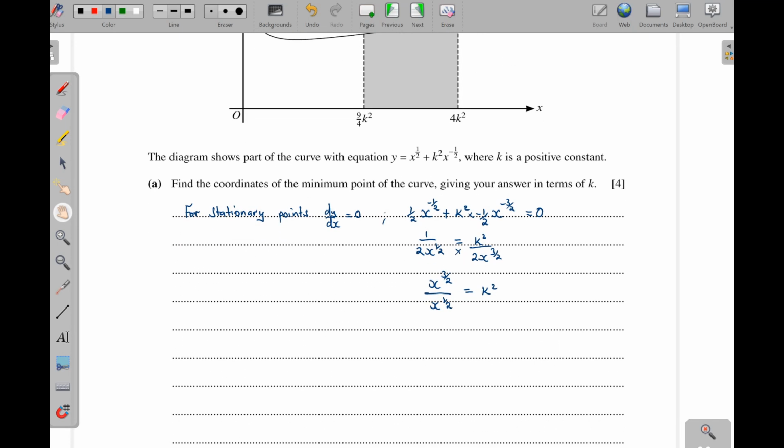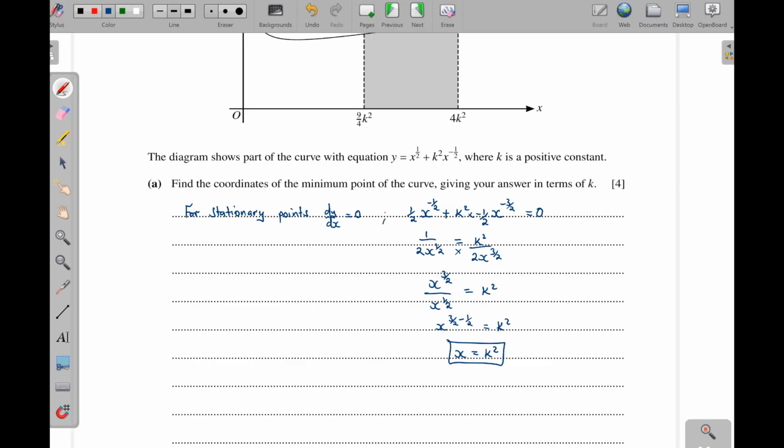Using the rules of indices, we subtract the powers. So 1.5 minus 0.5, you get a 1. So that means x is equal to k squared.